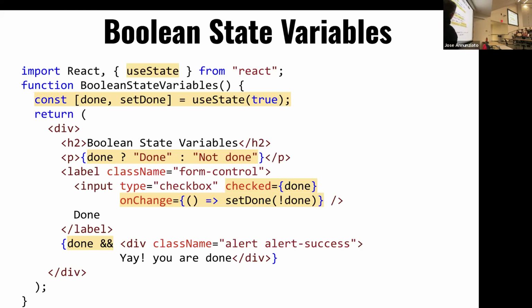So again, React.js keeps tabs on all these dependencies, so it doesn't have to re-render everything. There could be a lot of user interface below or above that has nothing to do with done and hasn't changed, so there's no point in re-rendering everything. It'll do some surgery, just to update those things that did change.